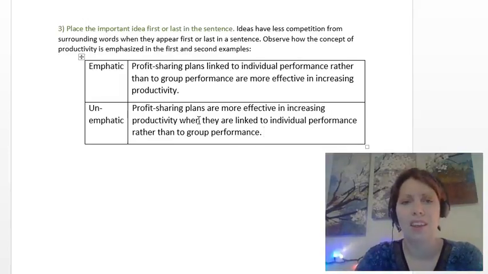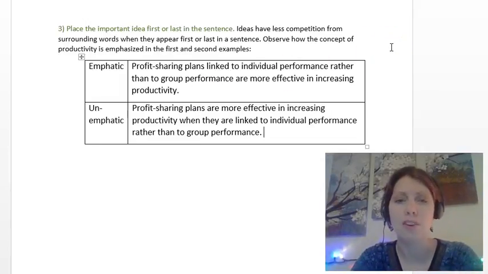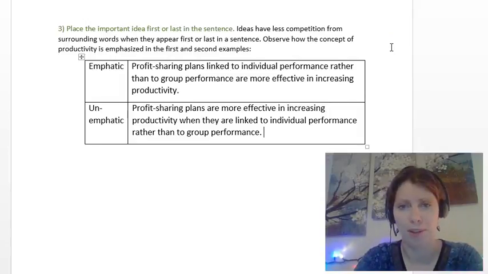Okay, so differences. Profit sharing plans are more effective in increasing productivity when they are linked to individual performance rather than group performance.